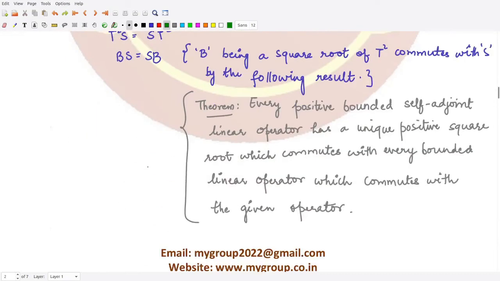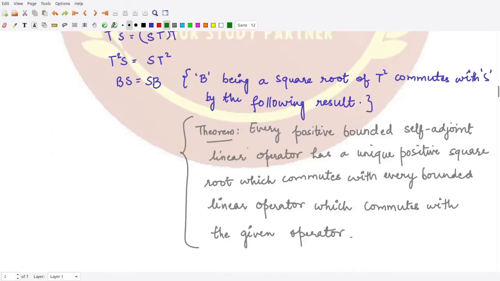Why? Because we have a theorem and a result that every positive bounded self-adjoint linear operator has a unique positive square root which commutes with every bounded linear operator which commutes with the given operator. So whenever any bounded linear operator commutes with the given operator, its square root would also commute with it.